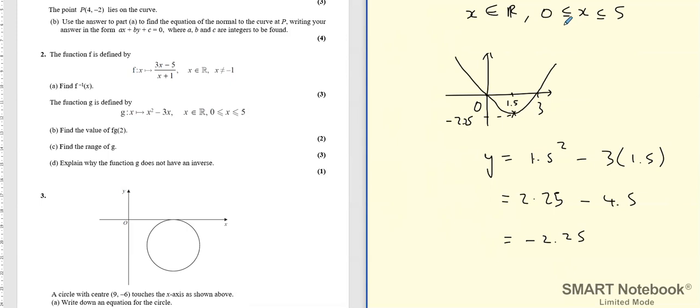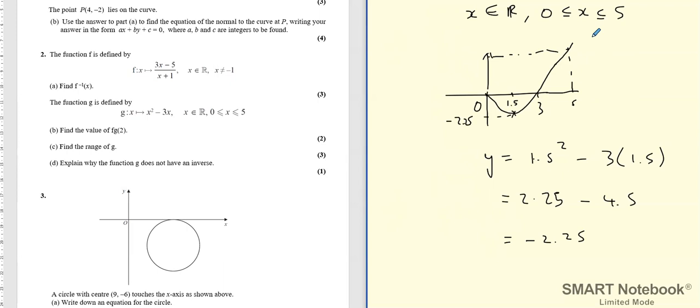Now, this curve is only valid between x values of 0 and 5. So essentially what I need to do is discard everything before 0 and extend up to 5. Let's just say 5 is over here somewhere. And we need the y value at that point as well.